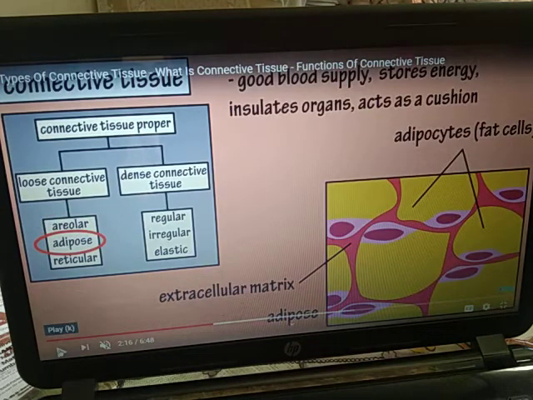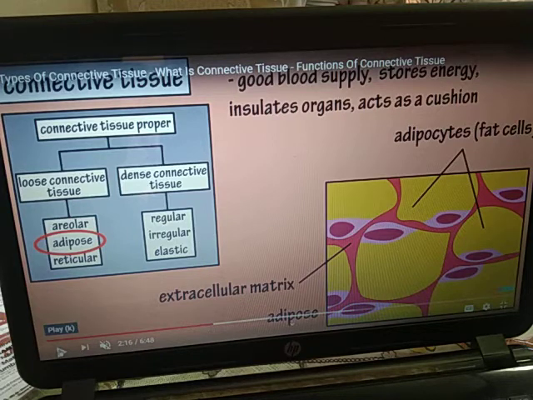Now next is adipose tissue, which is also a type of loose connective tissue. Here also you can see adipocytes, that is fat cells, are present, and extracellular matrix is there. This particular tissue is also known as the insulator, because it prevents the loss of the body heat into the outer environment. Adipose tissue is responsible for storing the fat.